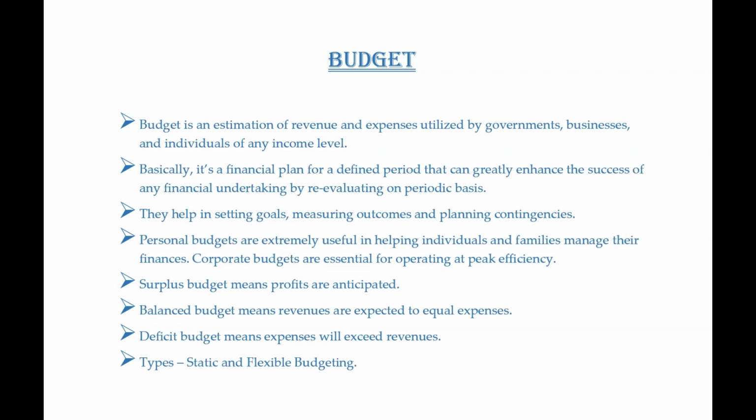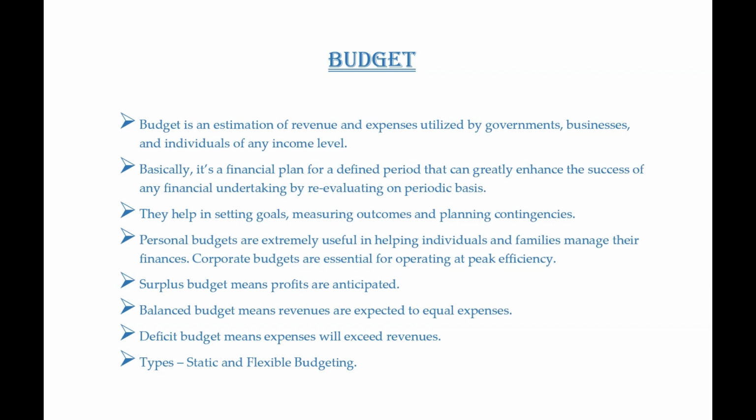And the deficit budget, the least desirable one, means your expenses will exceed your revenues or the incomes which you get in any other ways. Even if you have multiple incomes, combined, the expenses will be higher in number.